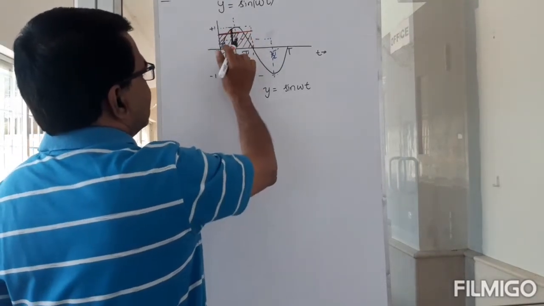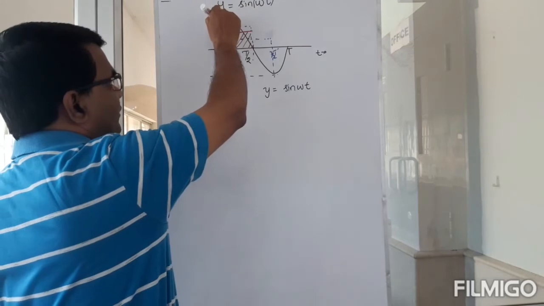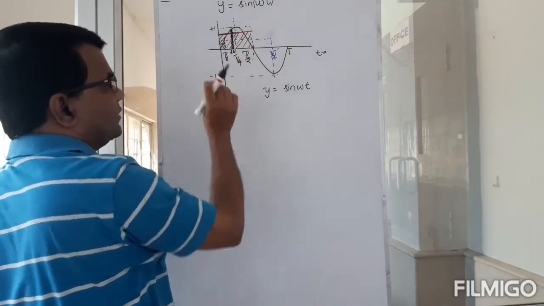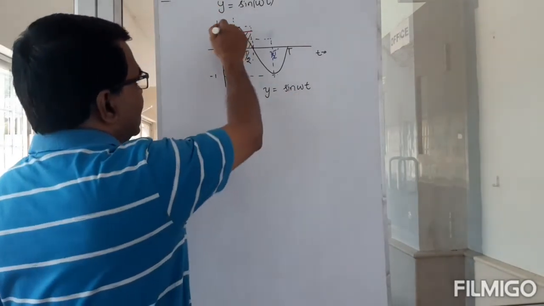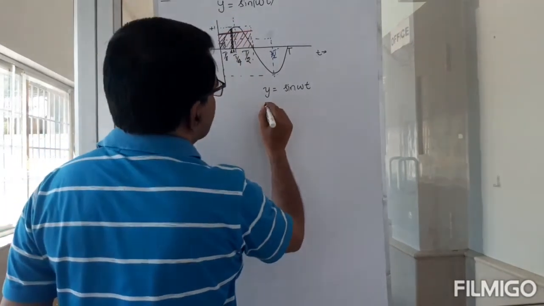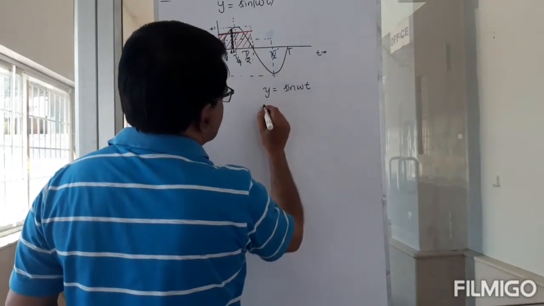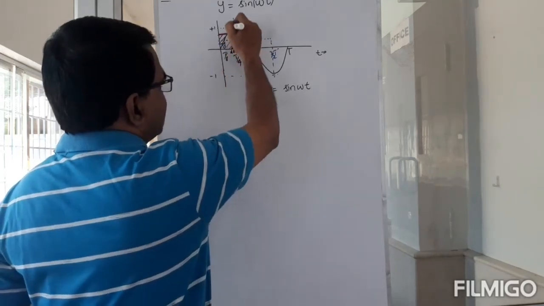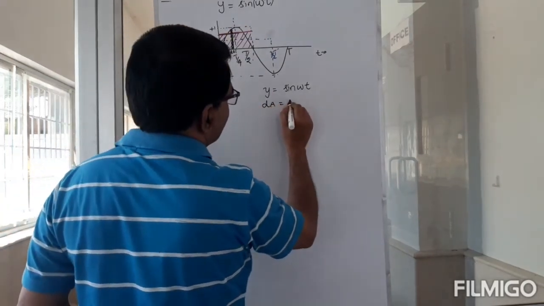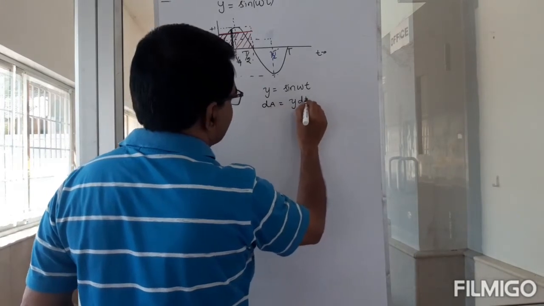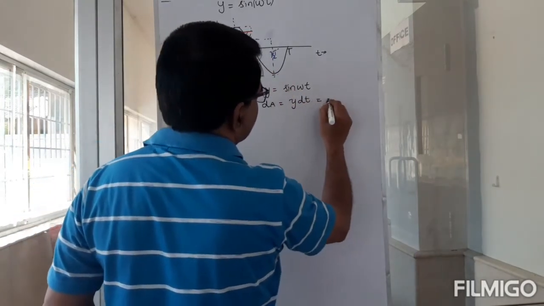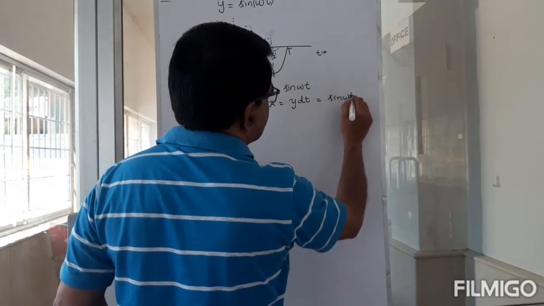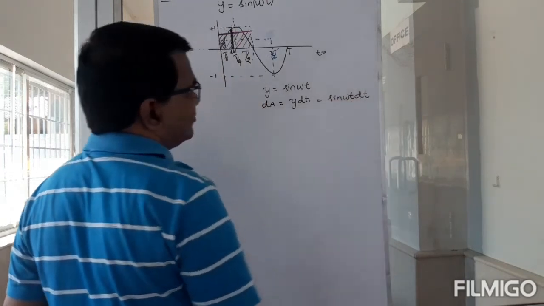Then I can say that this y value does not change over the time t, because it's very small. So I can assume that to be constant. So dA, that small area, is equal to y dt. And that is equal to sine omega t dt.